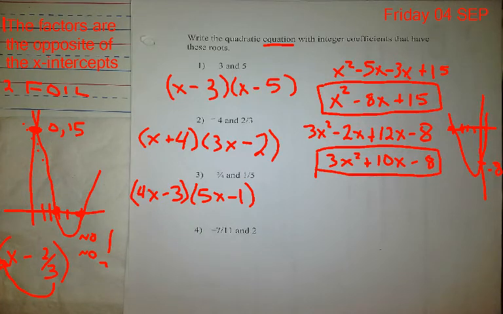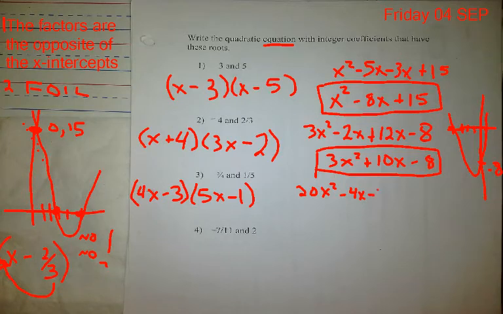So now I have to do my FOIL. First times the first. 4 times 5 is 20 x squared. 4 times negative 1. Hey, that's negative 4x. So 5x times negative 3.